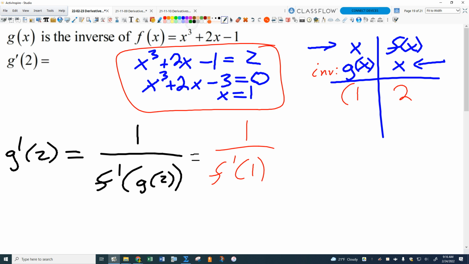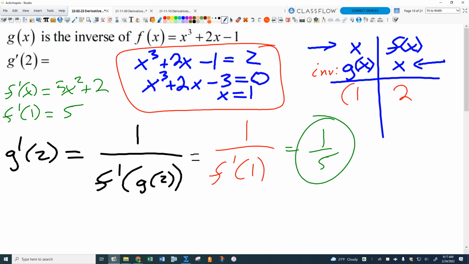If I differentiate this function, what's f prime? Good. 3x squared plus 2. So f prime of 1 is just 5. So I end up with 1/5. Good?